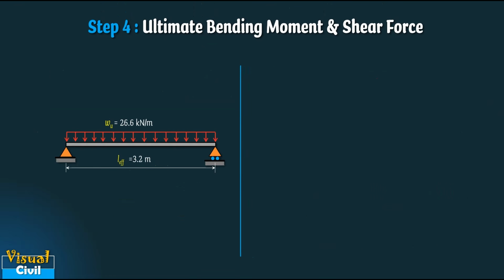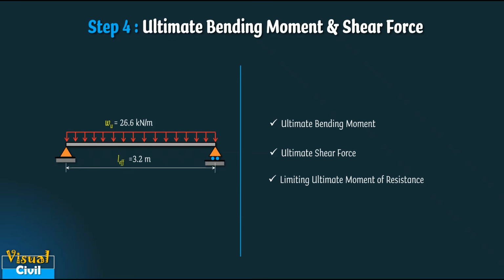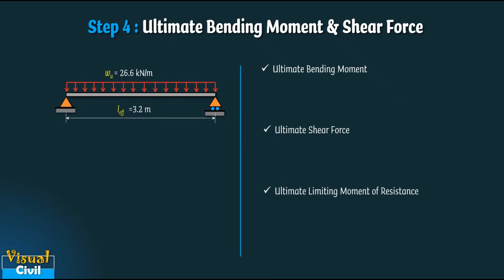In step 4, we will do the computation of the ultimate bending moment and ultimate shear force due to design load. We will also calculate the limiting ultimate moment of resistance for the initially assumed cross section of the beam. Let us compute the ultimate bending moment.